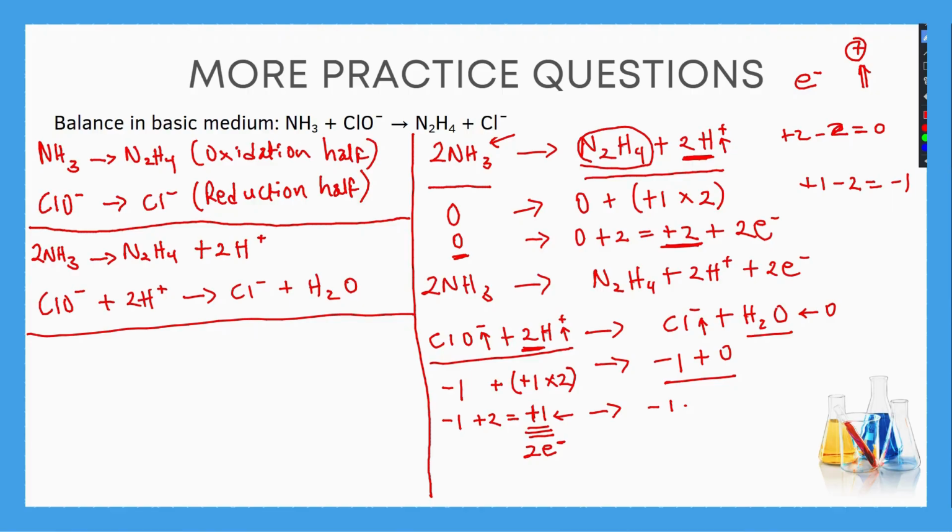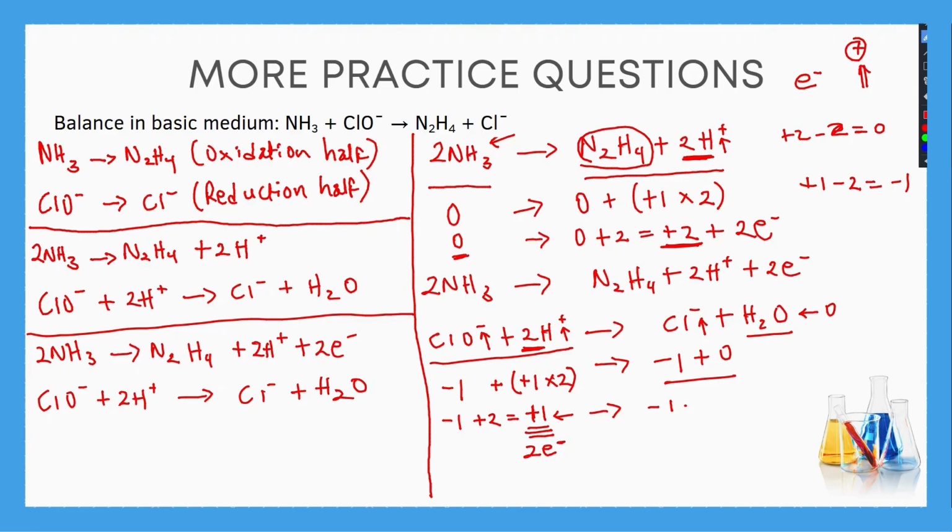So now the final equations become, let's write the first one out. We have 2NH3 yielding N2H4 plus 2H+ plus 2e-. And then the second equation now becomes ClO- plus 2H+ yielding Cl- plus H2O.